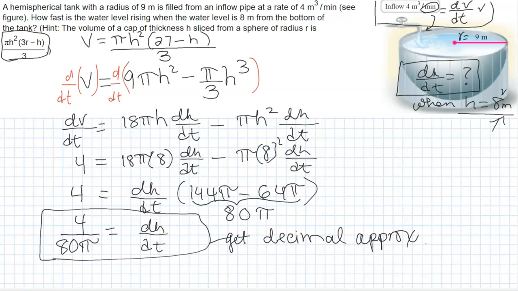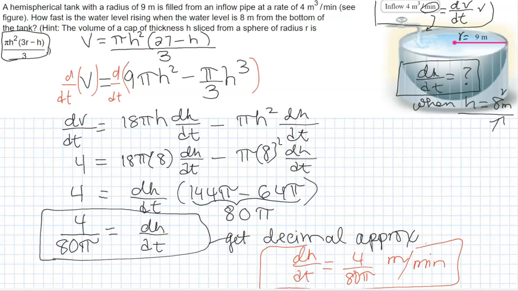So the unit you have here is dh/dt equal to 4 over 80 pi meters per minute. And that is it.